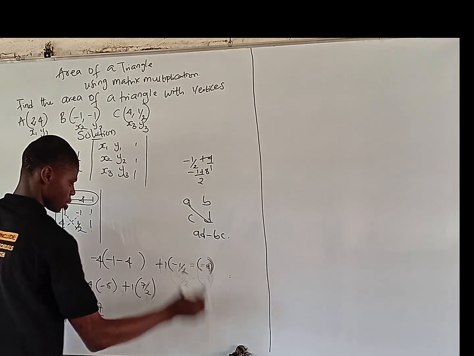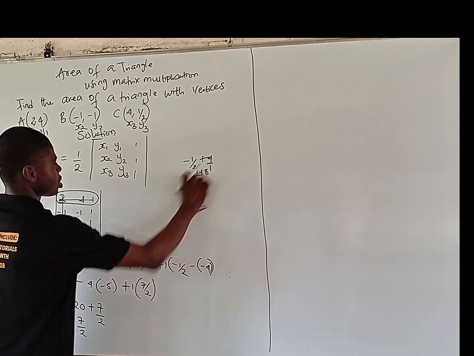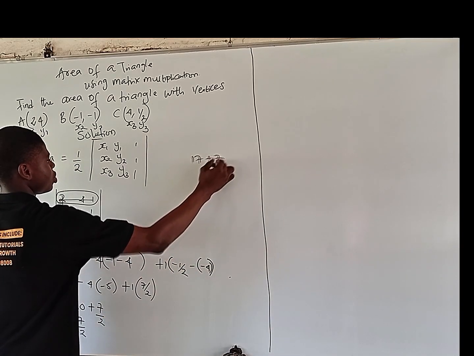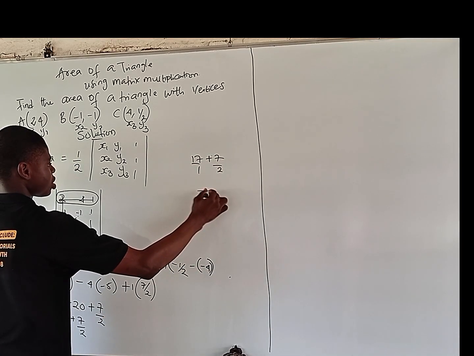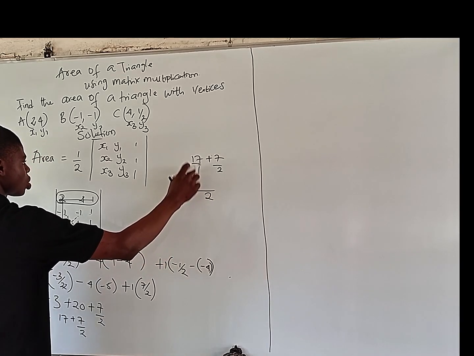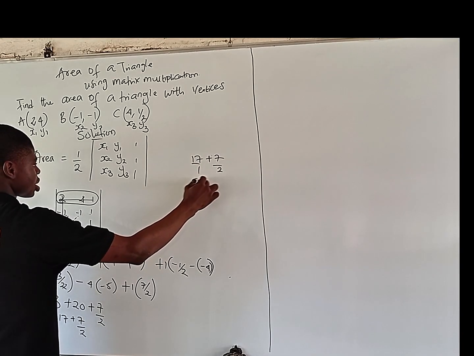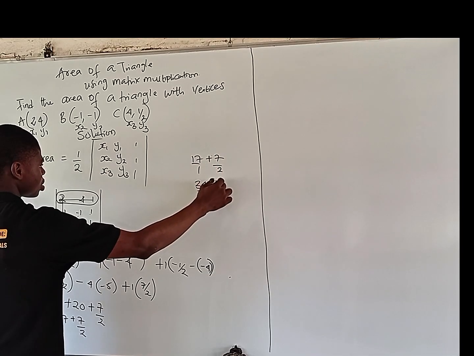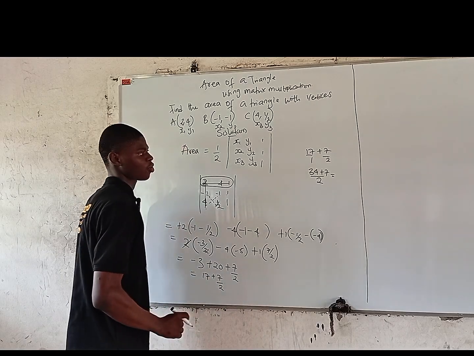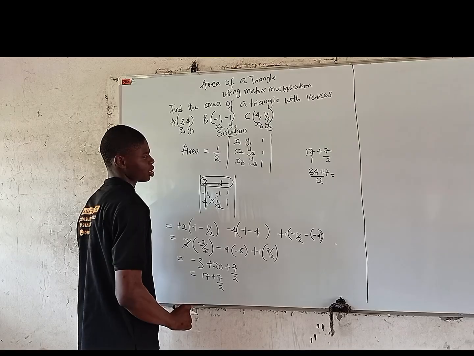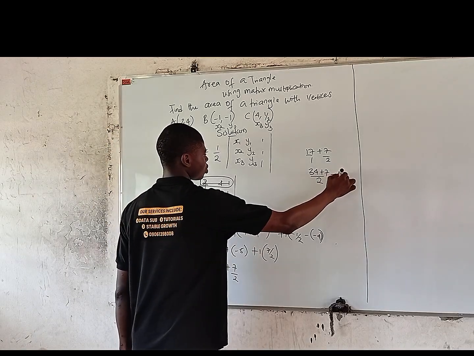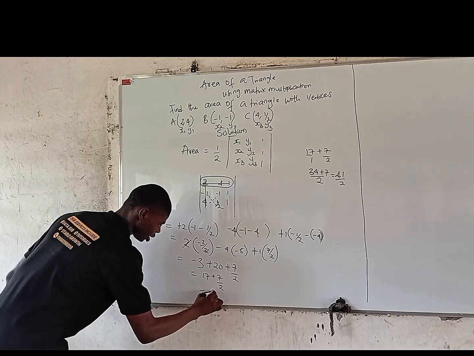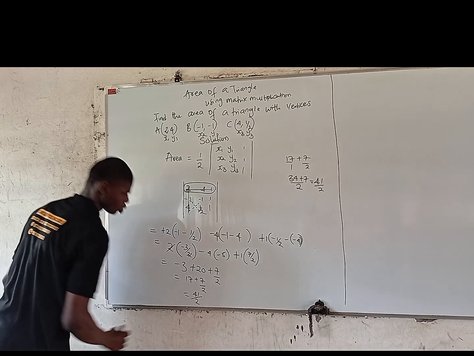If you do that carefully, 17 plus 7 over 2, have the LCM here to be 2. 2 into 1 is 2. 2 times 17 is 34. Plus 2 into 2 is 1, 1 times 7 is 7. So 34 plus 7 should give you 41 over 2. So you have your final answer here to be 41 over 2.